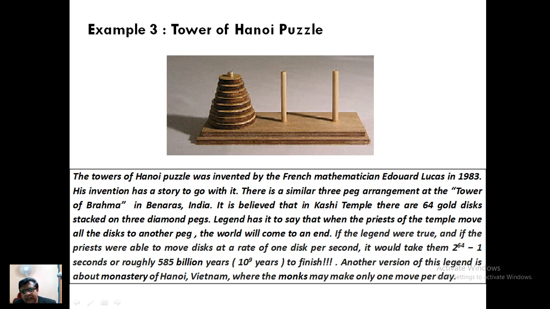They are also moving the discs because they feel it is an auspicious thing to move discs from this peg to another, only one at a time, and this puzzle comes with a condition: the discs are to be moved from here to there making use of the empty peg or empty tower, and whenever we arrange the discs, care is to be taken that a bigger diameter disc is never placed above a smaller diameter disc; the smaller is placed above the bigger.